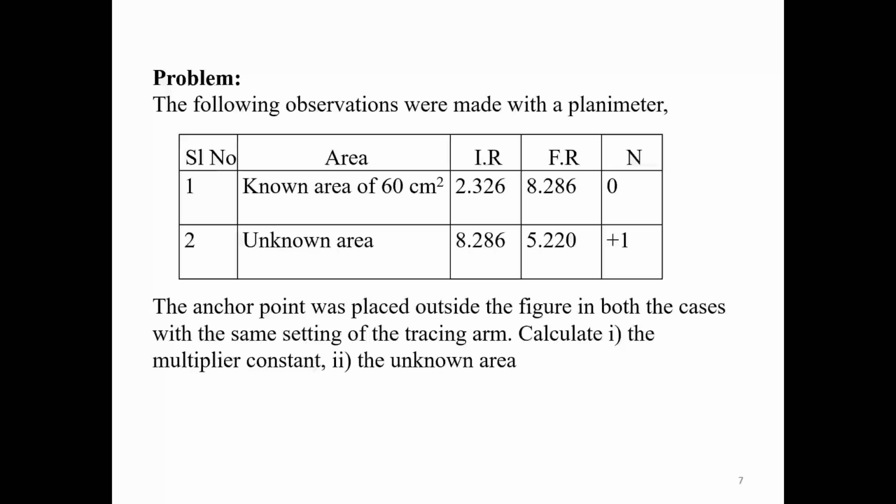The following observations were made with a planimeter. In tabular form, they have given the known area of 60 centimeters square, and the initial reading and final reading. Then n equals 0. In the second part, we have to find the unknown area.